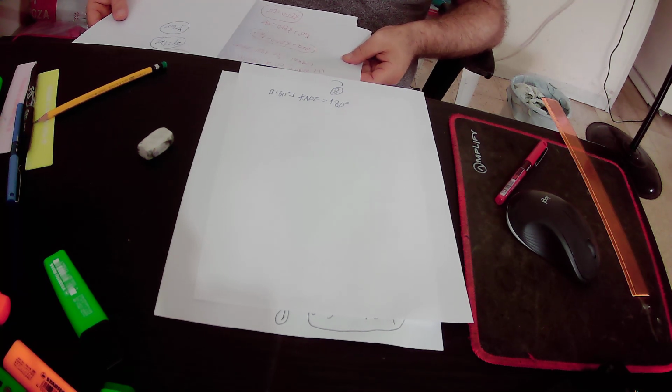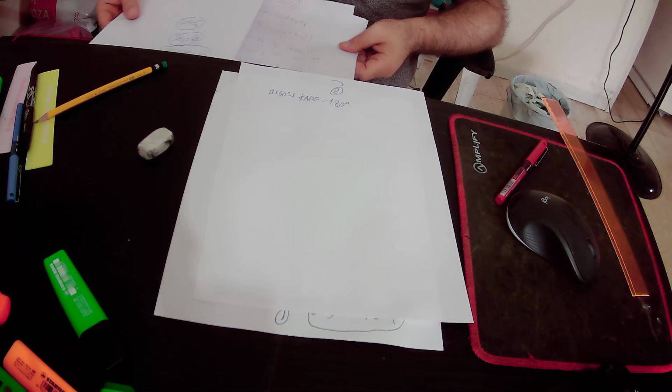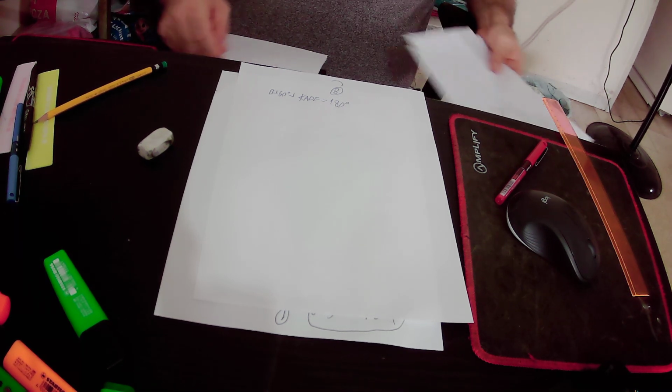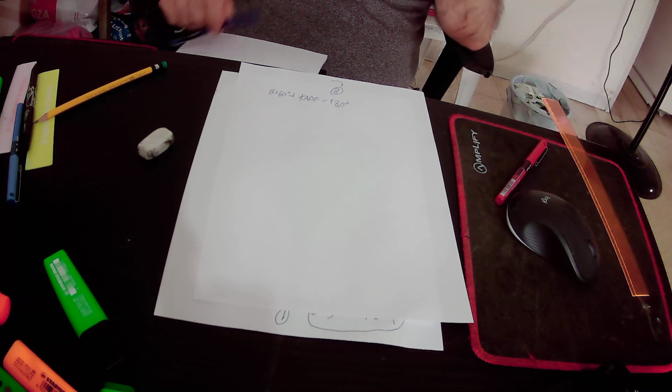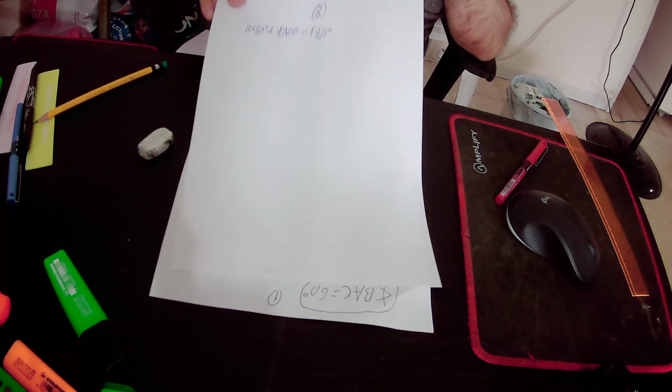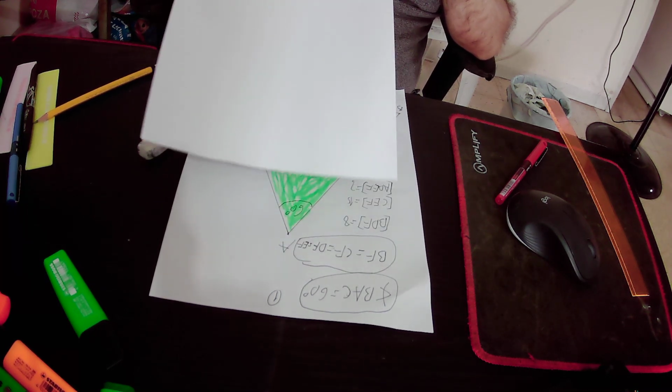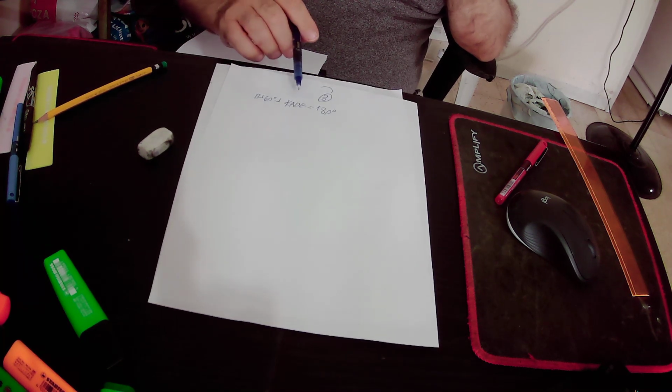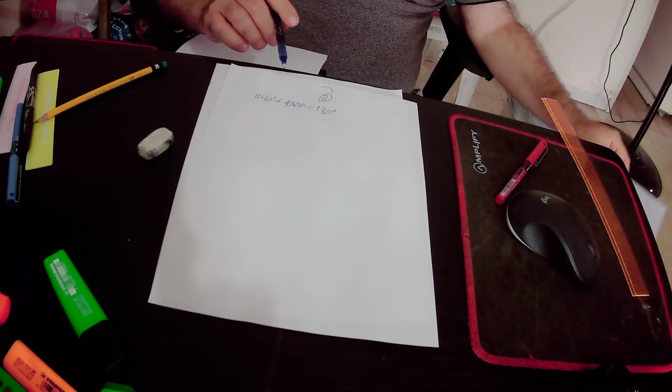I wrote rule number 3, which states that the sum of the angles on a straight line is equal to 180 degrees. So according to rule number 3, the sum of the angles on a straight line is equal to 180 degrees, so we'll subtract 60 degrees.